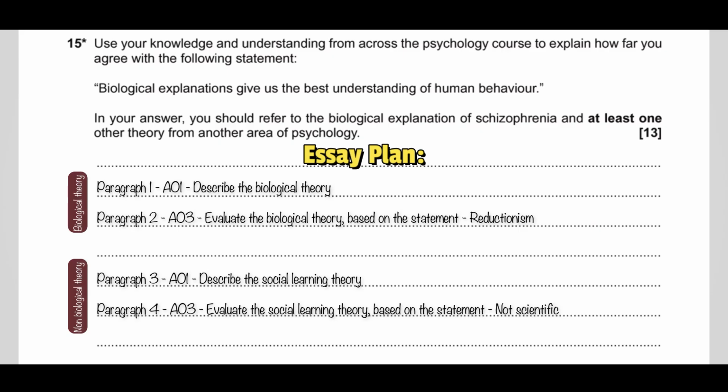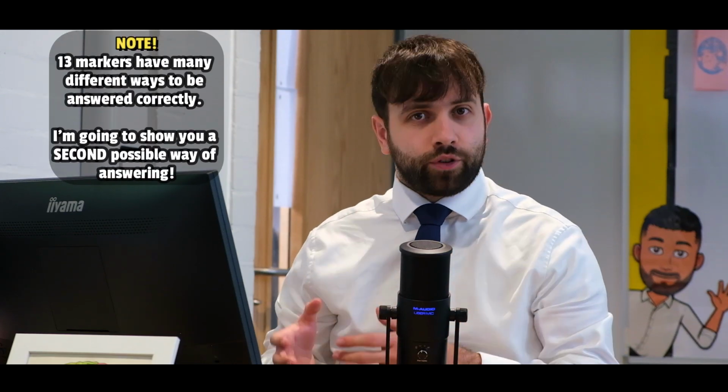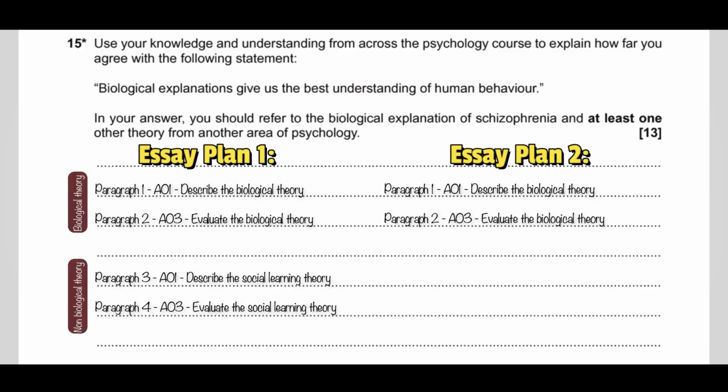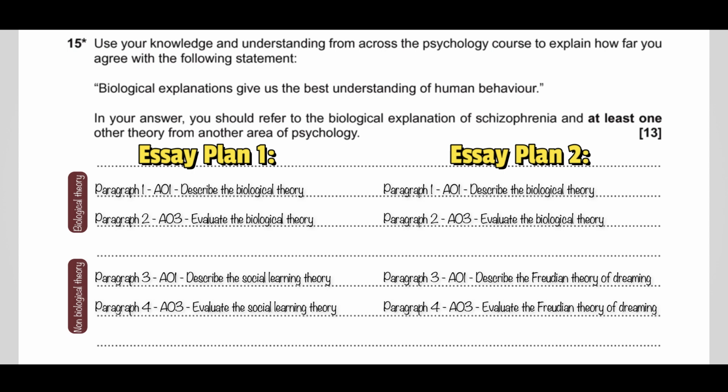And actually, if I wanted to talk about subjectivity, maybe I'll talk about the Freudian theory instead. So if I wanted to do that instead, and this is a different route that you could take to do this 13 marker, you'd still have the first same two paragraphs, which is the AO1 on the biological explanation of schizophrenia, and the AO3. But then my second half of the essay, instead of talking about social learning theory, I could talk about the Freudian theory of dreaming, about latent content, manifest content as that AO1.